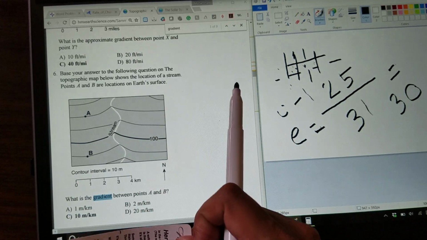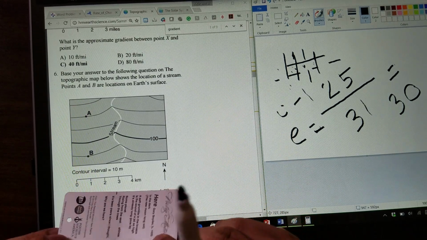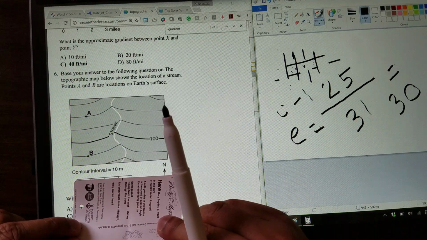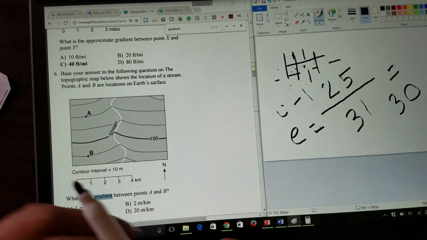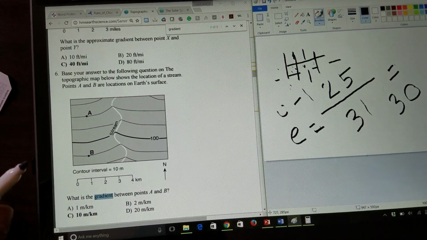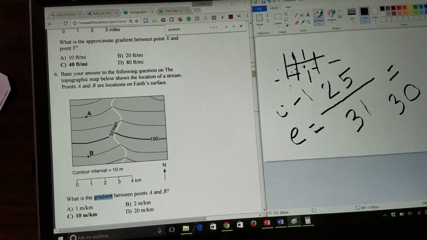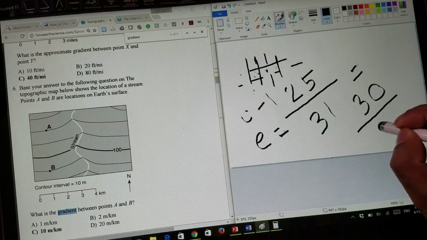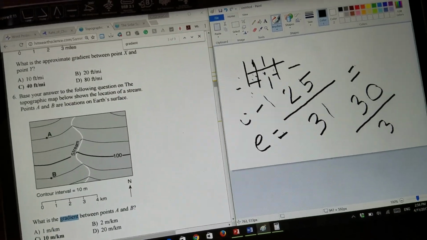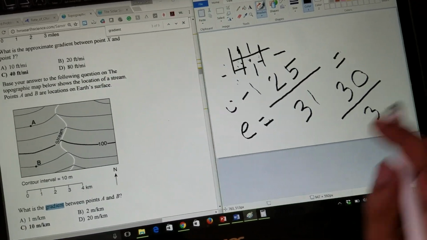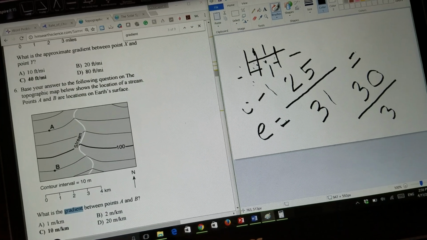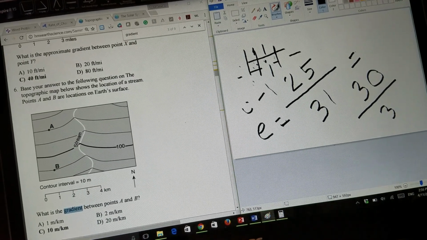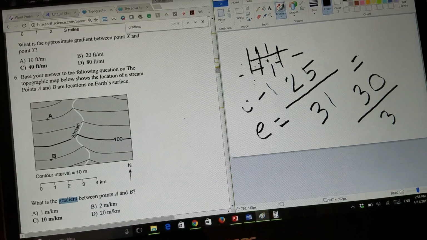Now if I match it here, I can see that this distance is approximately 3. So 30 divided by 3, we are getting 10, and you can see the answer is 10 meters per kilometer. So that's how you calculate gradient.